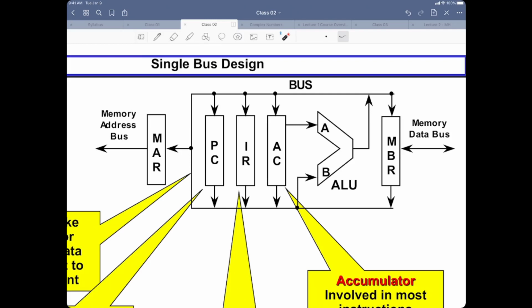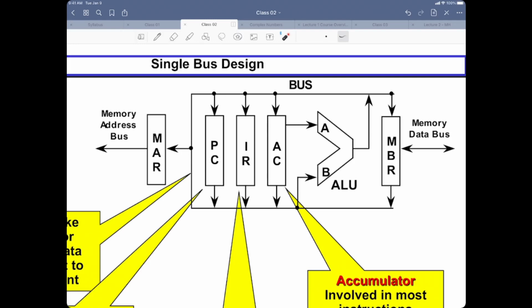For R type instruction, the instruction register will have a specific format. 6 bits for opcode, 16 bits for address. There is a field for function code. There is a field for shift amount. There are lots of little pieces to the instruction register for R type instruction.